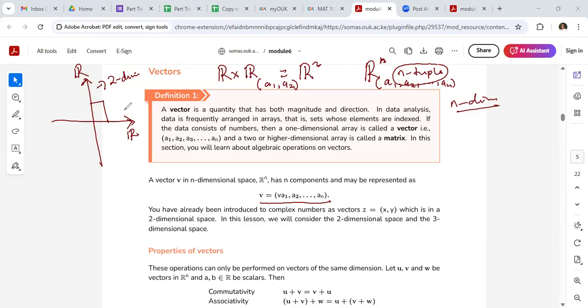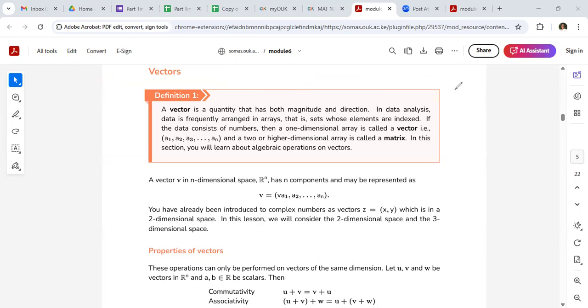Just like in the case of real numbers, we can carry out various operations on vectors. Say, for example, you have two vectors in R2: the vector v1 is the ordered pair a1, a2, and the vector v2 is the ordered pair b1, b2. Then, just like in the case of real numbers, you can add vectors, you can multiply vectors by a scalar, you can subtract vectors, but later on you're going to look at the product because it's different.